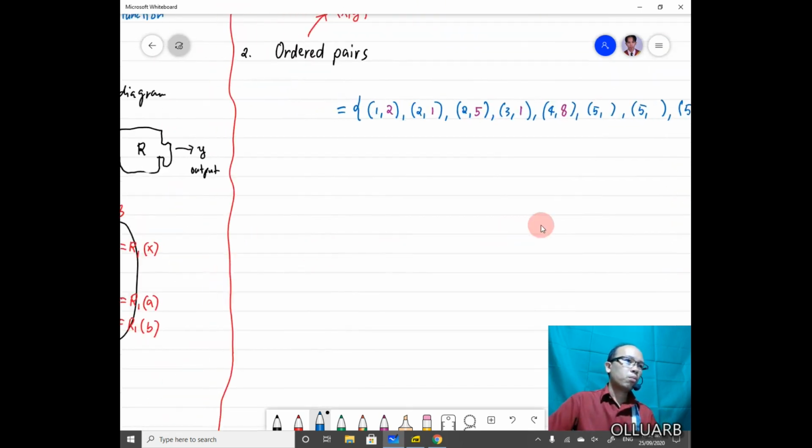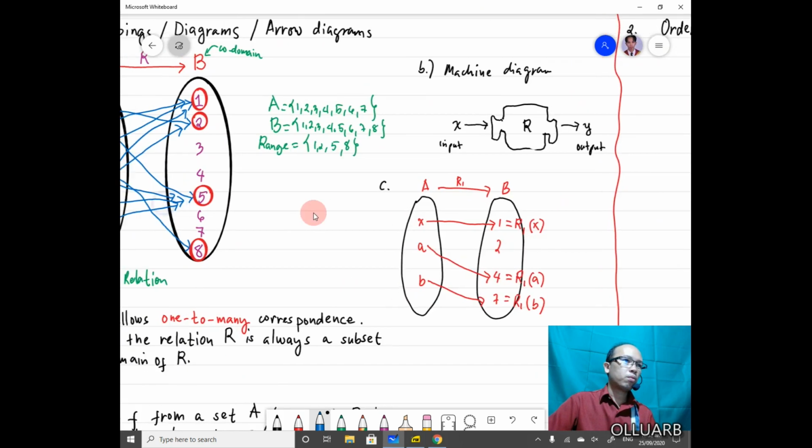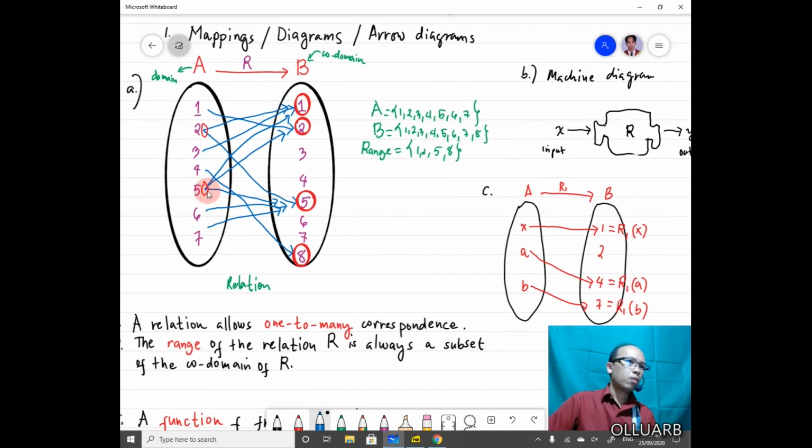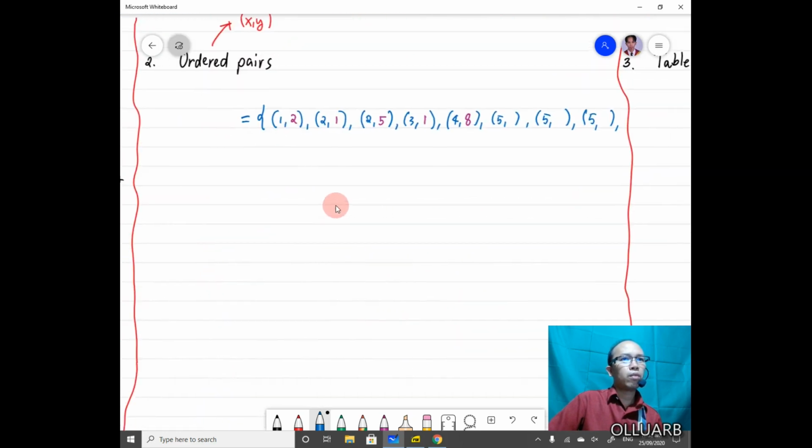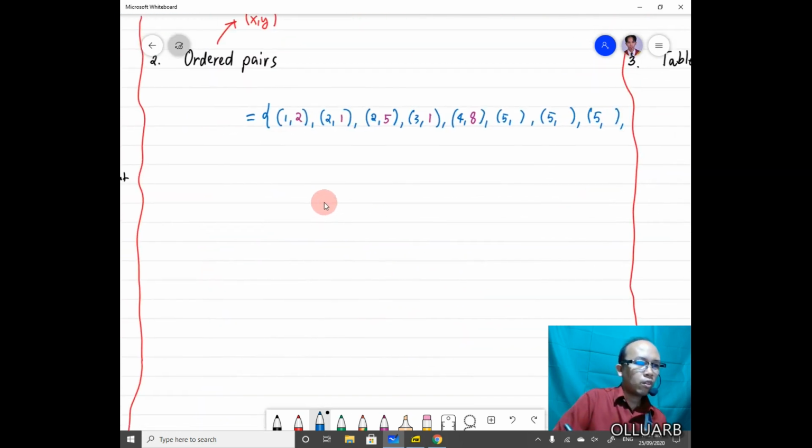What are the partners of 5? We have 1, 2 and 5. Okay, 1, 2 and 5.